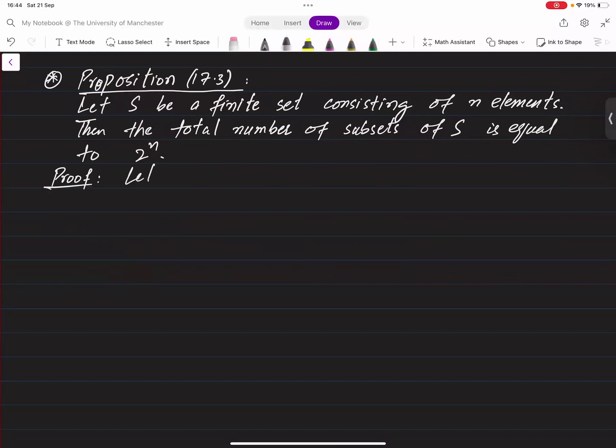So let S be a set which contains n elements.